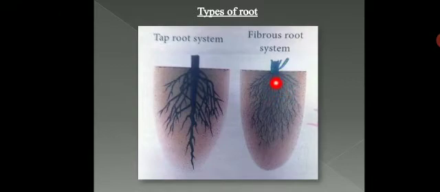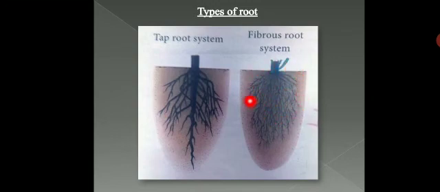Then the roots arise from the stem portion, which develops tufts of thread-like roots, a bunch of roots. These bunches of thread-like roots are equal in size and are collectively called fibrous roots. All of them look the same in size. That is called a fibrous root system.